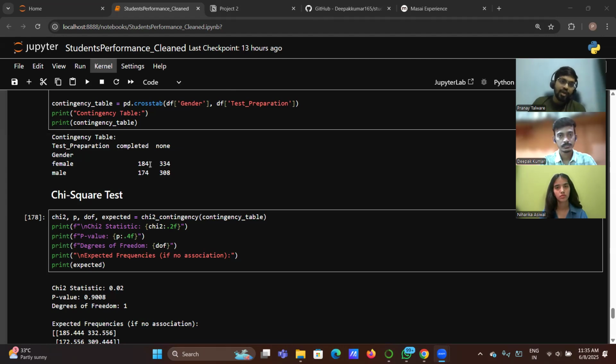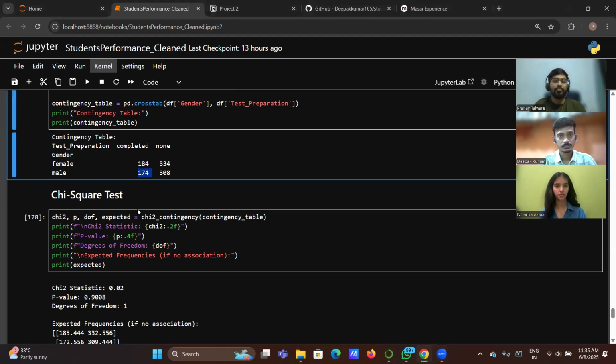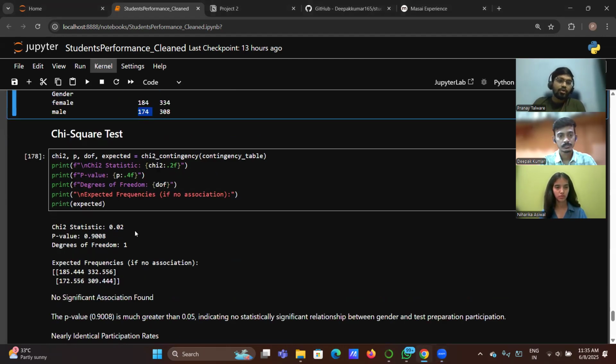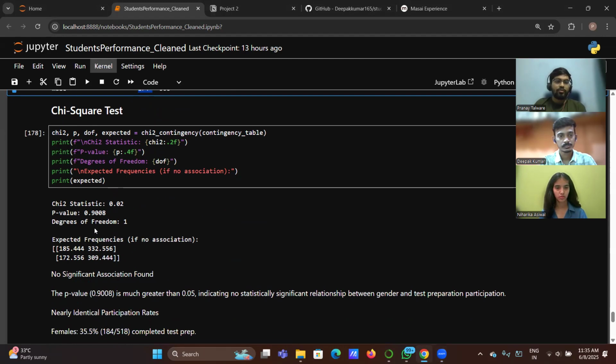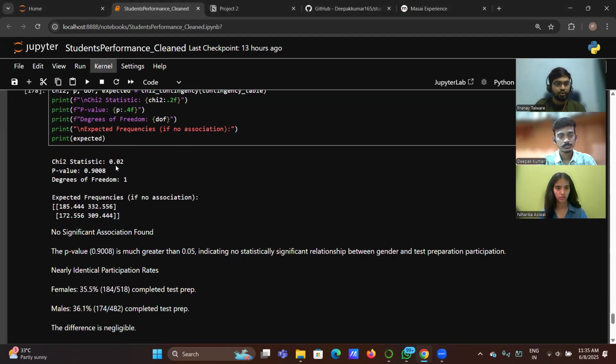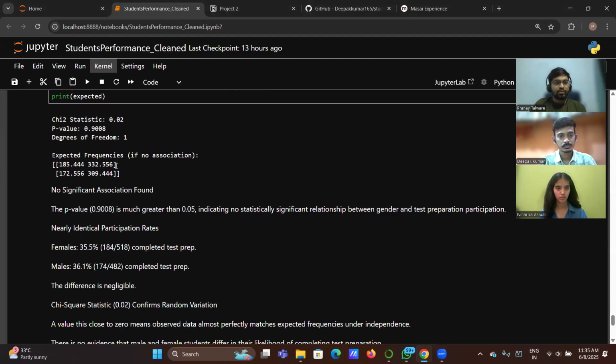It's showing exactly the values present in the data, that is 184 and 174. And to test whether this data is correct or not, we used the chi-square test. From doing this coding, we got a chi statistic value of 0.02, which is quite good.